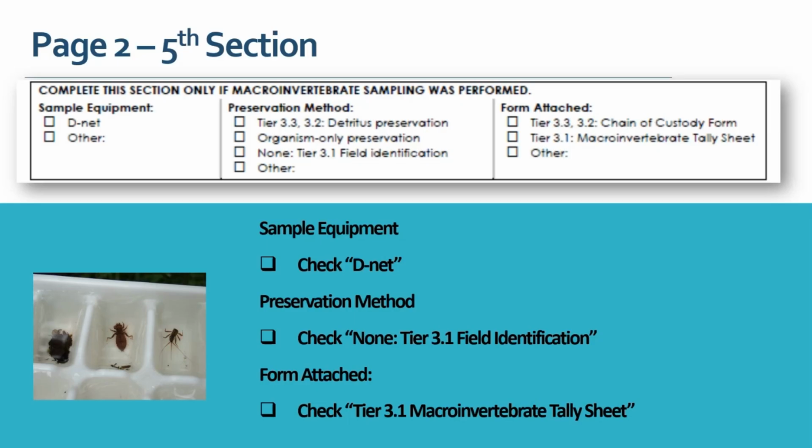You're going to be identifying them in the field, so you would check off where it says none, Tier 3.1 field identification. And on the right, where it says the form attached, the form that you're going to be attaching is the Tier 3.1 macroinvertebrate tally sheet. Erin showed you that in one of her slides yesterday, and she'll go over that in more detail.